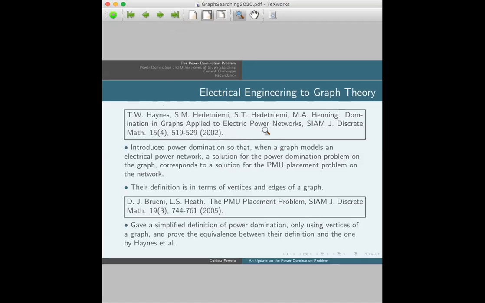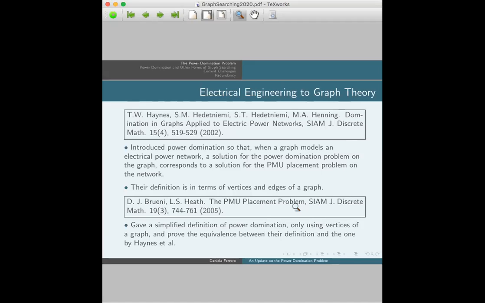This is an excellent paper. I really like this paper, and they contain many nice results, but their definition is closer to the electrical engineering part and talks a lot about edges and vertices of the graphs.